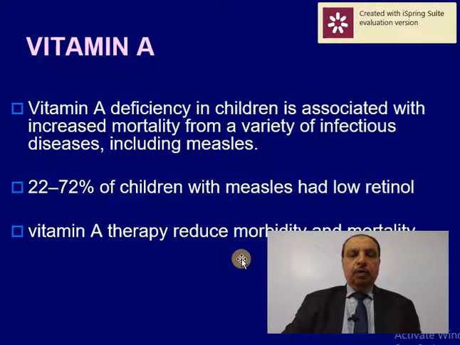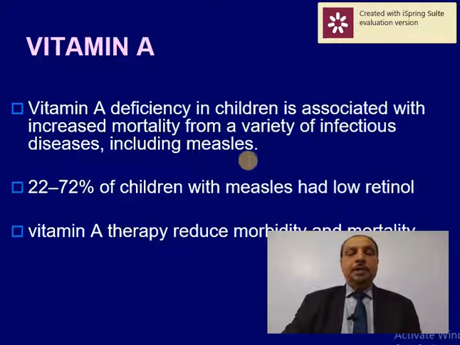We told that retinol will be reduced by measles, and if the patient already has vitamin A deficiency, the symptoms will be severe with more morbidity and may lead to mortality as well. Vitamin A deficiency in children is associated with increased mortality from a variety of infectious diseases, including measles.